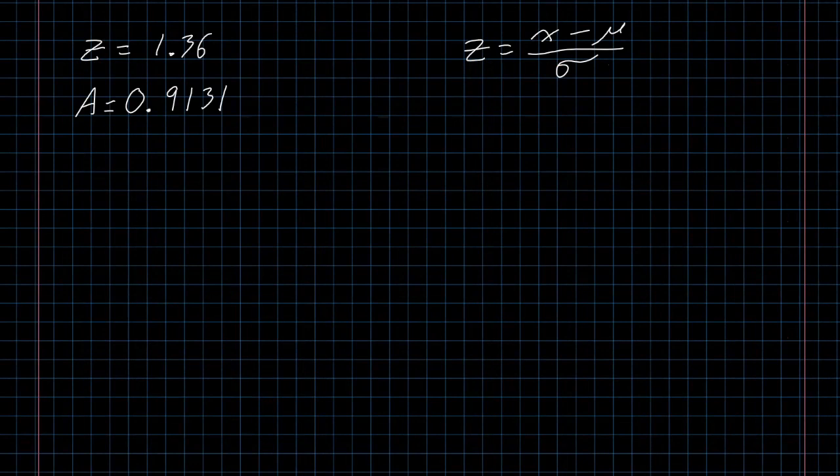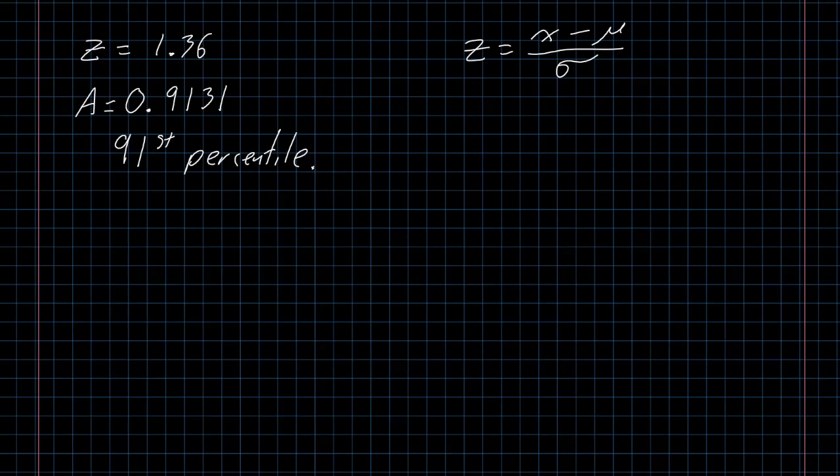Turning this number from a decimal number into a percentage, a z-score of 1.36 corresponds to a score in the 91st percentile.